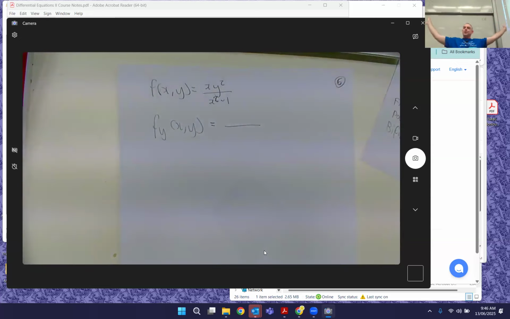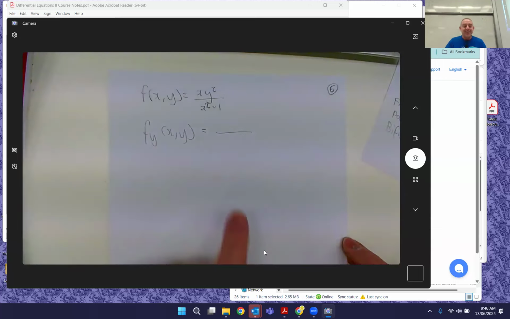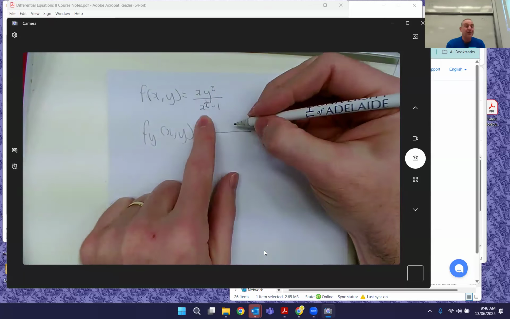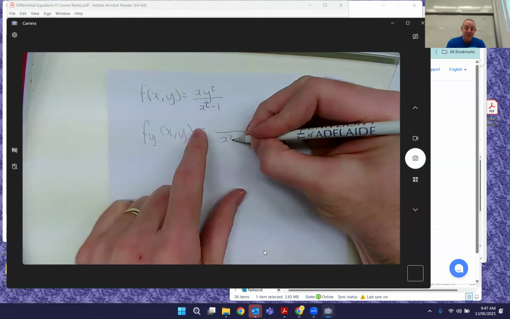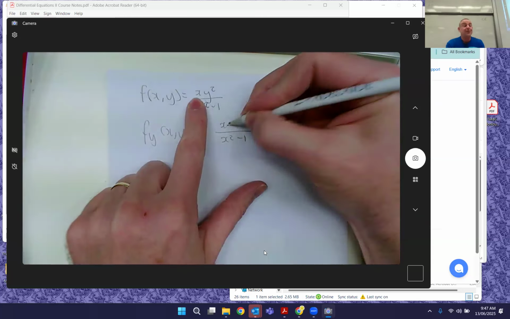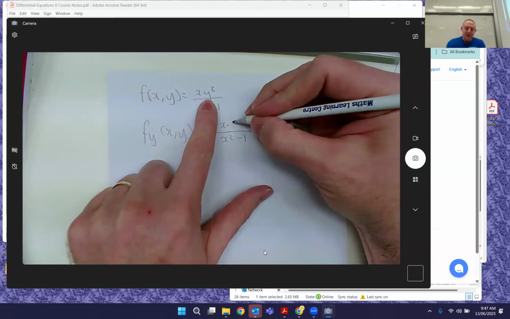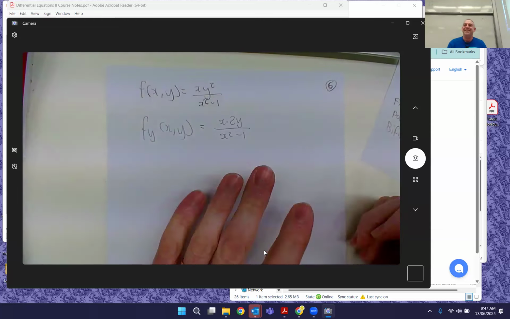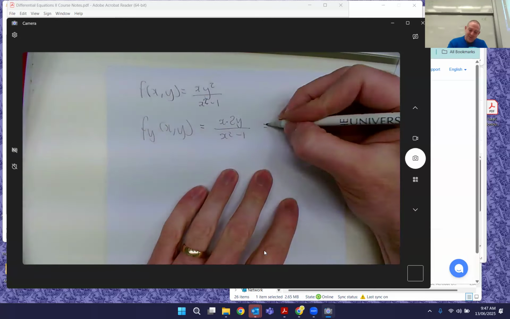I don't have to use the quotient rule. That's great. Yes, I made it that way. I did that so that I didn't have to worry about what the y's were doing to find my discontinuities. So x squared minus 1 is a constant divided, and so it will still be there afterwards. This x is a constant multiplied on, so it will still be there afterwards. And the derivative of y squared is 2y. Great. Very easy. Yay, me. Thank you, past me.